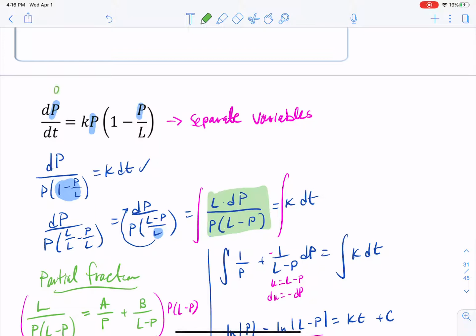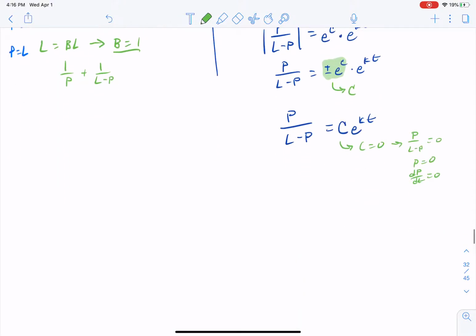If I plug 0 in, dP dt is equal to k times 0, parentheses 1 minus 0 over L, I get 0 is equal to 0, which totally checks out. So the answer to that question is yes, C can be equal to 0. That's nice. All right, so far so good.